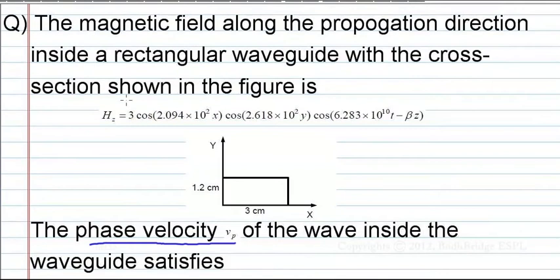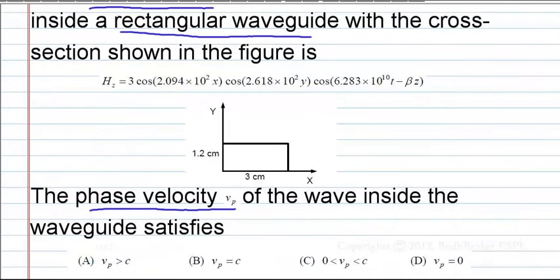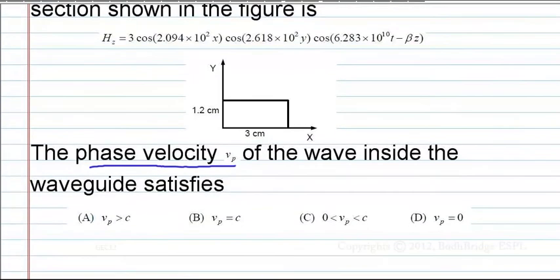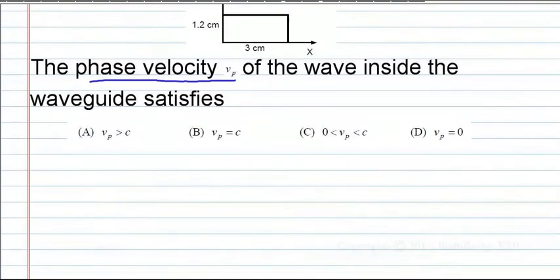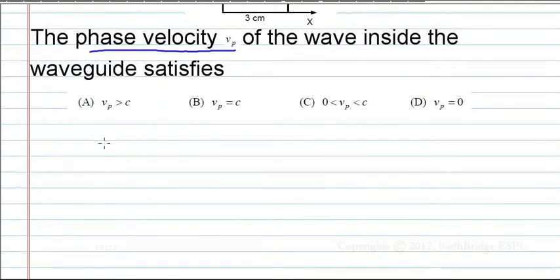Inside a rectangular waveguide, he has given how the magnetic field is propagating, and he is asking what is the phase velocity of that wave. First of all, write the general expression of the magnetic field inside a waveguide.